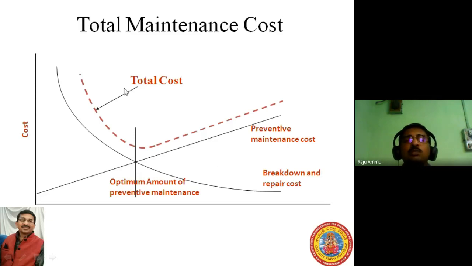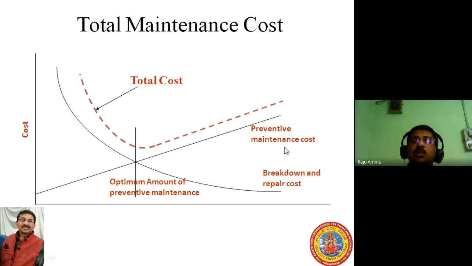Some people argue, no problem, I'll go for breakdown maintenance. When the repair comes, I'll get it repaired. They feel that in a year there will be very few breakdowns, so the cost graph may be going down, because I may not be incurring cost every moment.